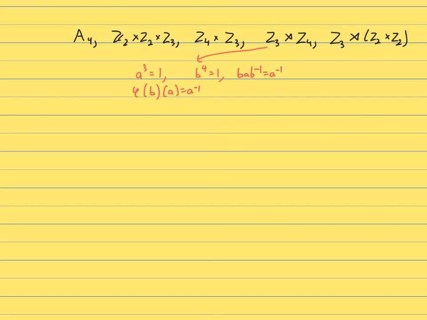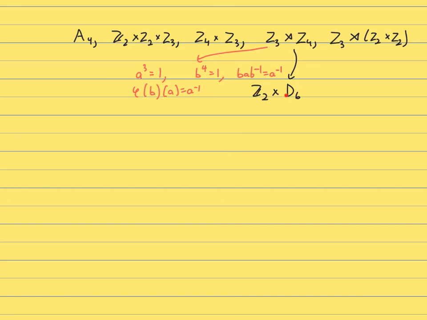One of the guesses was, is this equal to, say, Z2 cross D6? And it's starting to look like the answer might be no, because I don't see how to get this in the usual format. So one way to show that the answer is no is to look at the subgroup structure.